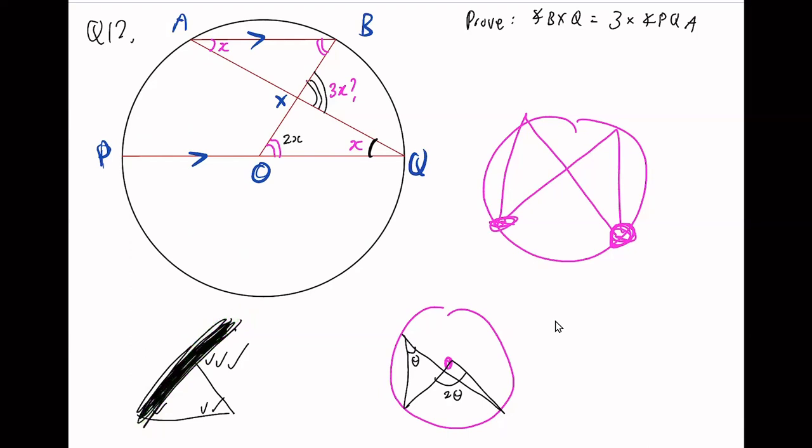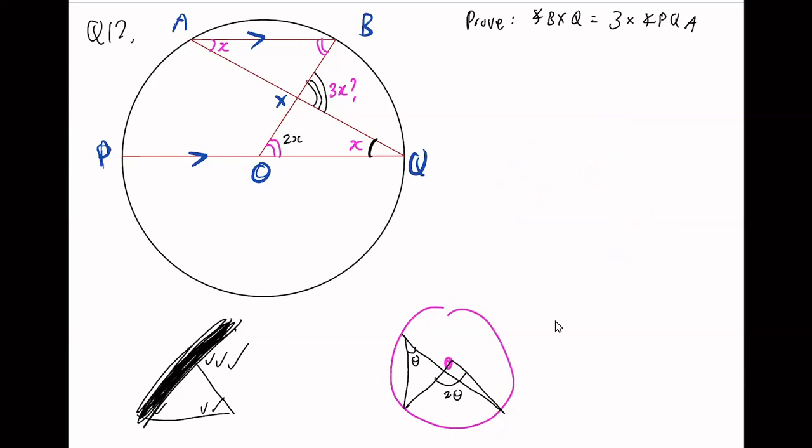Okay, I think it's better if I write it out. You can understand the flow of the proof already, right? So we start with angle BAQ and we call it x.